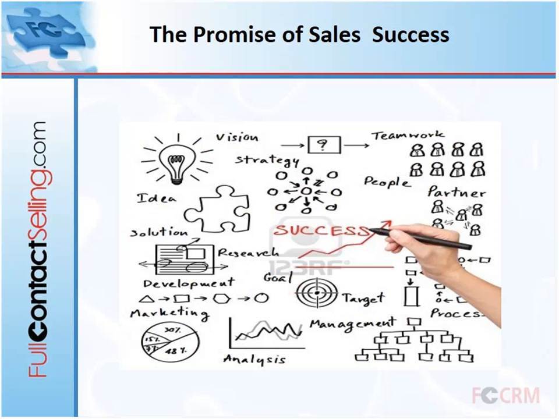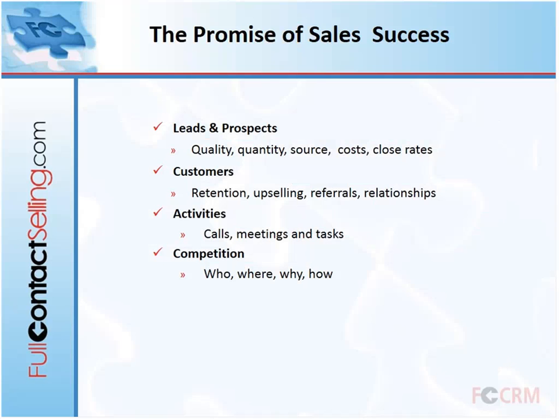So, the promise of sales success: we're going to really focus on sales force automation here, but you can sit through a lot of webinars and seminars and talk to a lot of consultants and advisors, and sales success seems very, very complicated today. So we're going to try to break it down into pieces that are manageable and that relate back to your business, and try to simplify things.